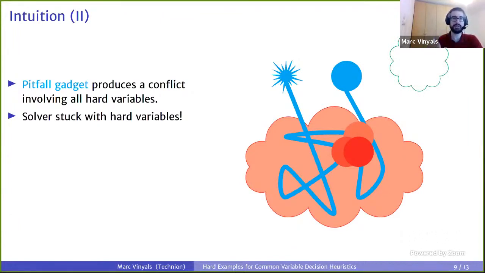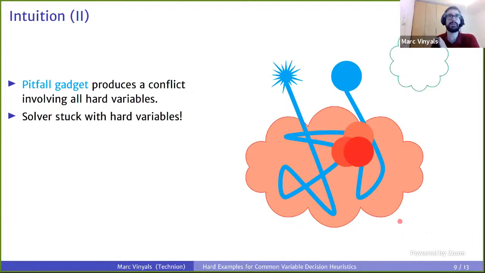It must always pick variables from the hard part of the formula. And so the solver will end by proving that the hard formula is false. And because we know that there's an exponentially long proof of that, or rather that all proofs must be exponentially long, this tells us that to find that proof, the solver must have taken exponentially long time.